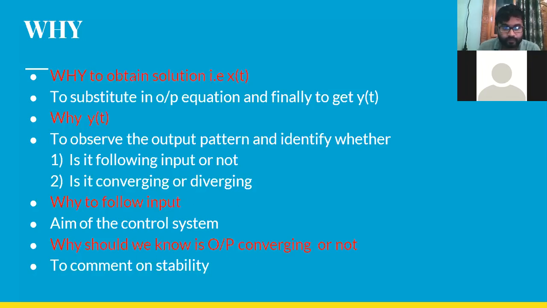From the first point, why should the output follow the input? That is the aim of the control system, or the basic definition of the control system. What is a control system? It is one in which the output or response of the system should follow the input.